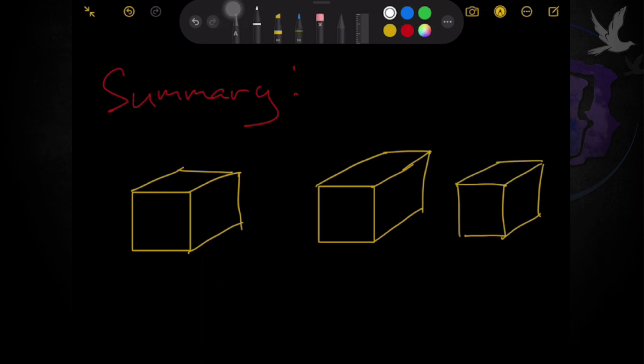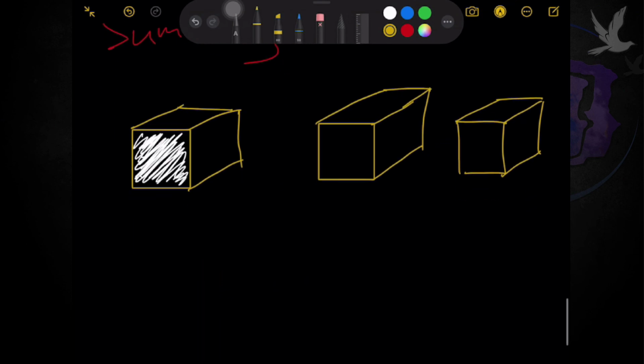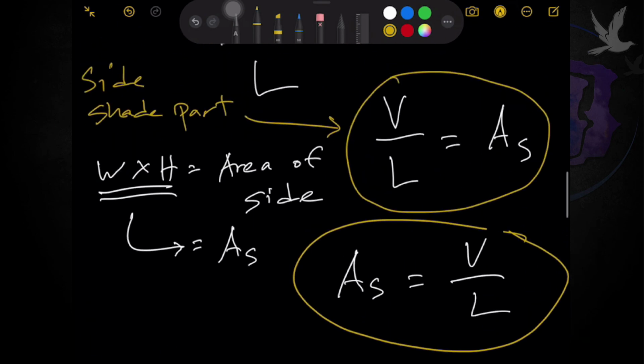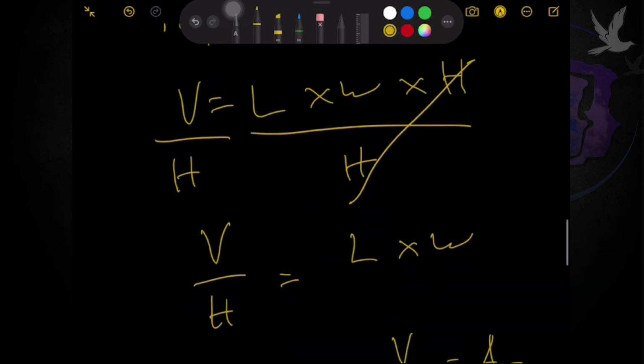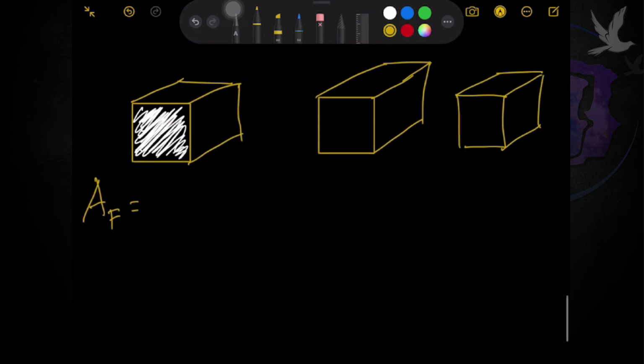Okay? Pag ito, this is what you're solving for. The formula here is area front, sorry. Area front is equivalent to, anong area front natin? Hanapin natin. Area front is volume over width.